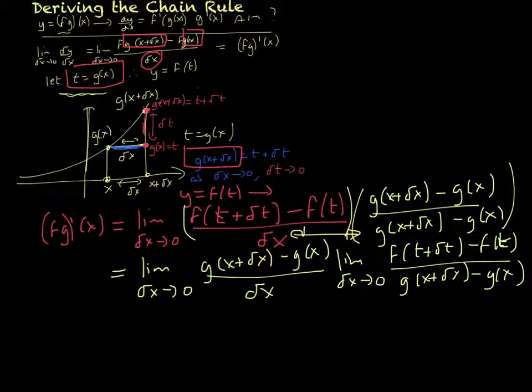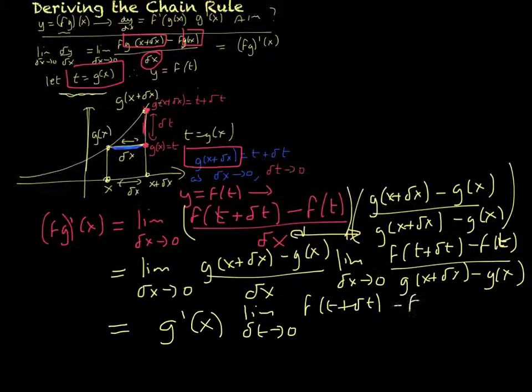So what we end up with is, we've already established this part is g prime of x. We've got the limit now as delta t tends to 0, because as delta x tends to 0, delta t does as well, of f of t plus delta t minus f of t, all over, and like I say here, g of x plus delta x is t plus delta t, minus g of x, which we've established is t.